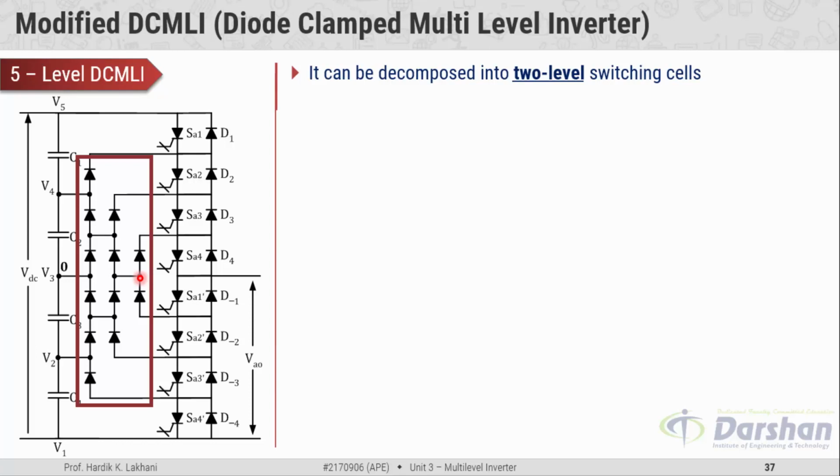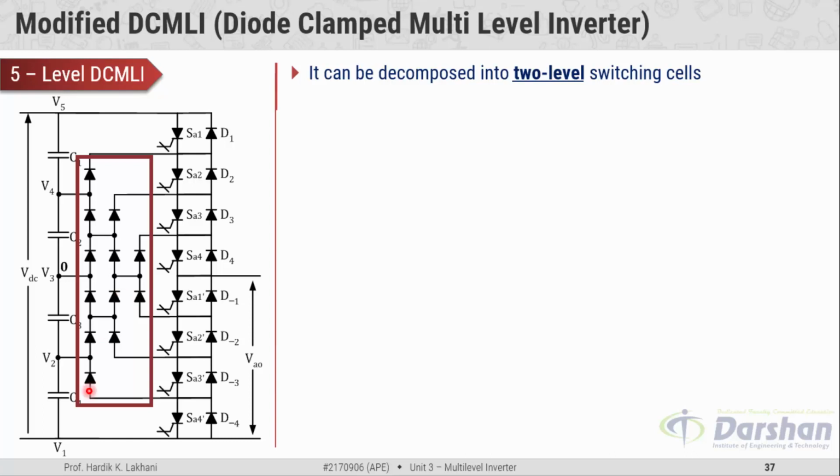And to do that, the first string only has 2 diodes, the second string would have 4 diodes, and the last string would have 6 diodes. And thus the modified diode clamp multi-level inverter provides solutions to many problems.